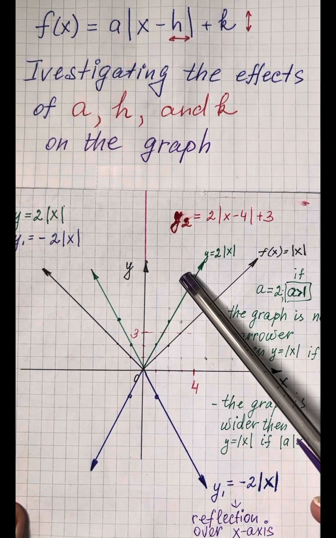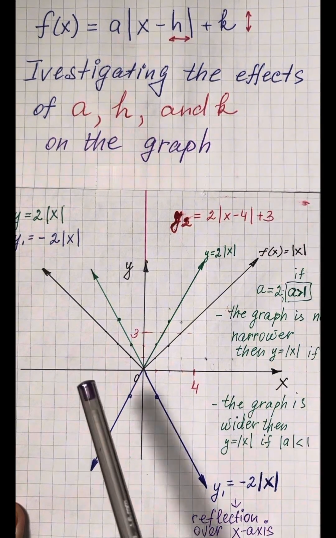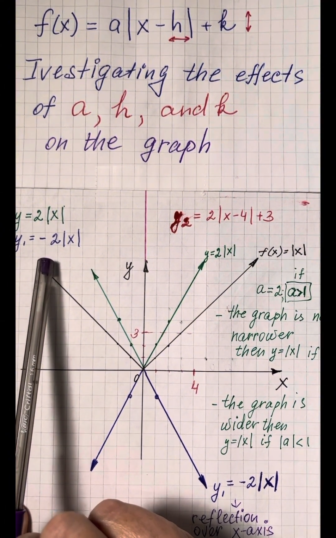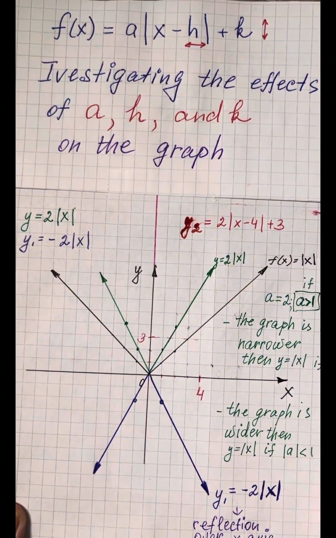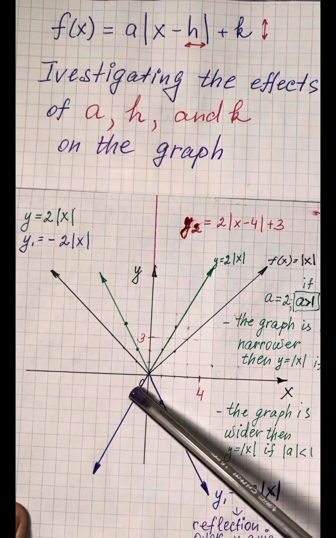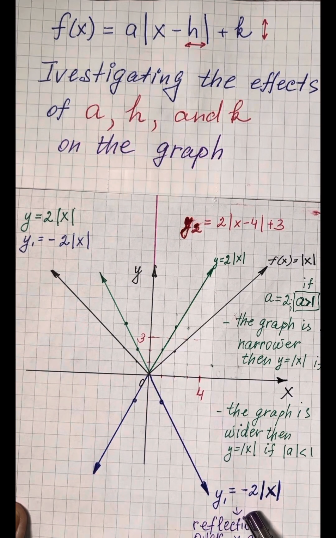Now what happens if the coefficient is negative 2? What transformation will affect in this case? In blue, you will see that graph. It is y equals negative 2 absolute value of x.